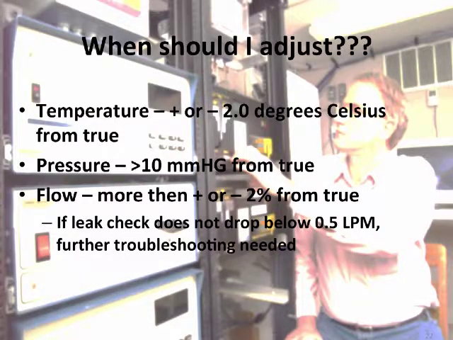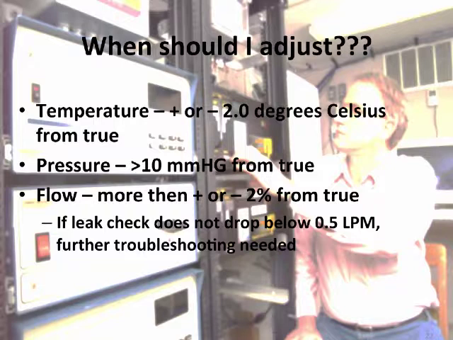So when it comes to making adjustments of one of these samplers, if your temperature is plus or minus 2 degrees Celsius from true, your pressure is greater than 10 from true, or your flow is greater or less than 2%.